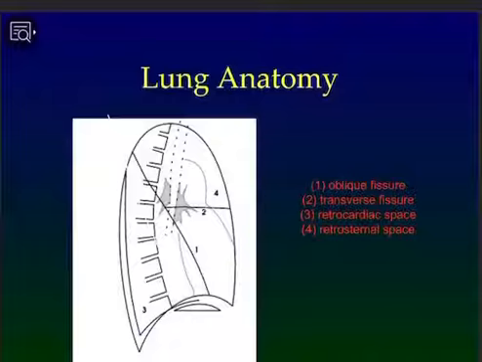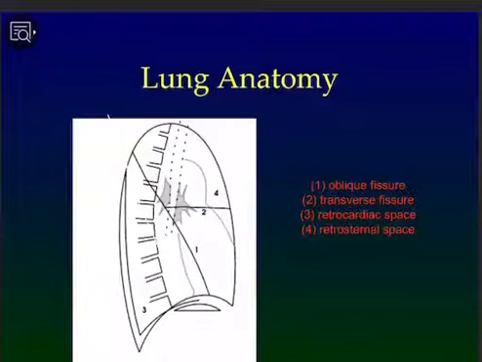Okay. Now, this is the lung anatomy. You know, the right lung has three lobes. Why? Because it has got two fissures. One is the oblique fissure and one is the horizontal fissure. However, on the left side, there is only one fissure. So there will be only two lobes, upper lobe and lower lobe.